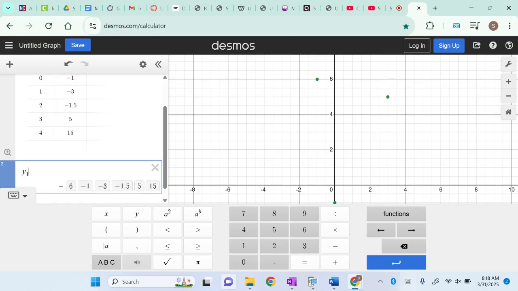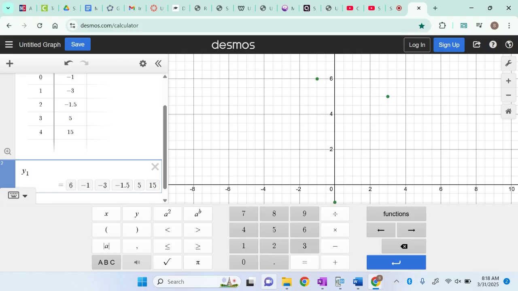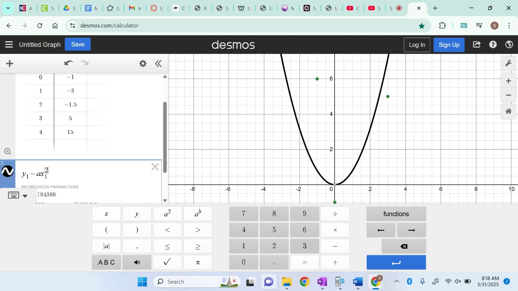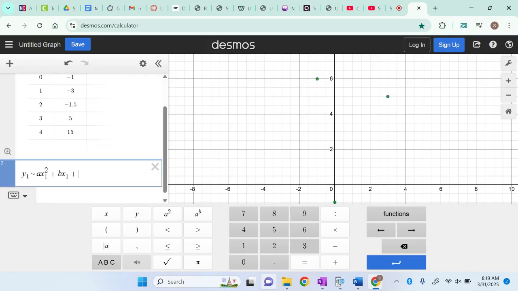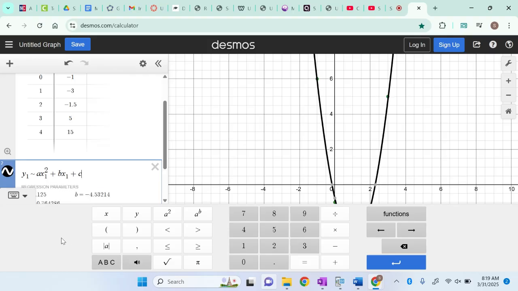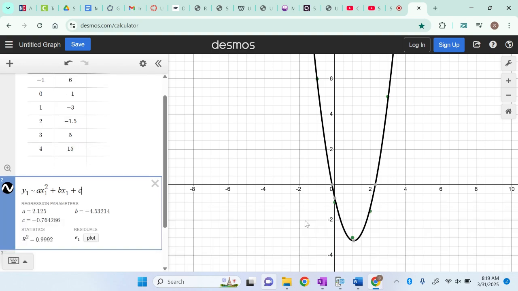Make sure you got the squiggle, so it's that squiggle key that's right next to the 1 key on your keyboard. Then AX1 all squared plus BX1 plus C.